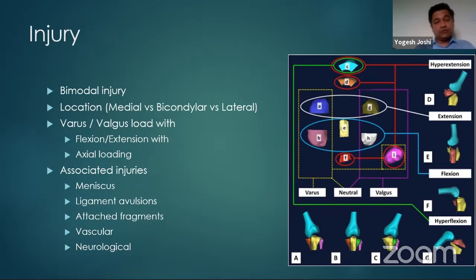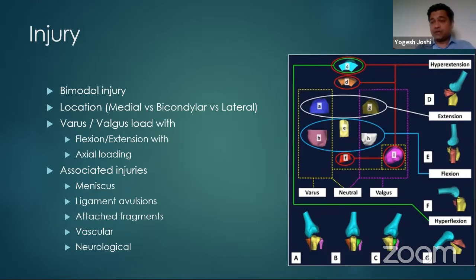The location of the fracture depends on the position of the knee when you have the injury. So the knee could be in flexion, extension, valgus, varus, and when the axial load happens during the injury, as the axial load goes through the tibial plateau, depending on the position of the knee, the tibial plateau fractures.